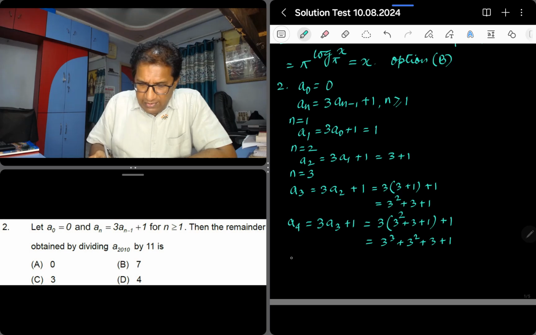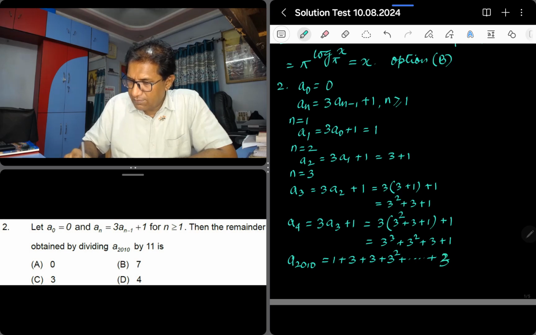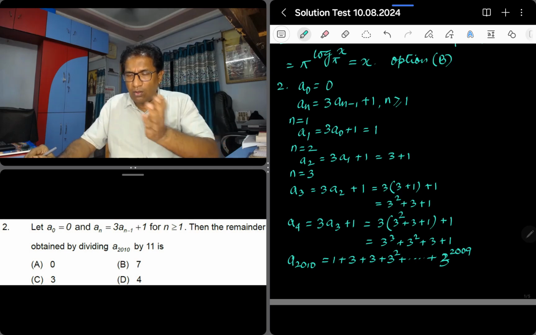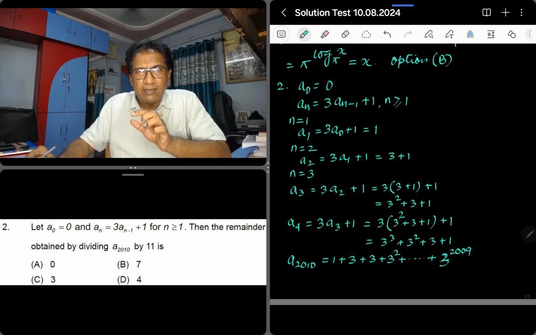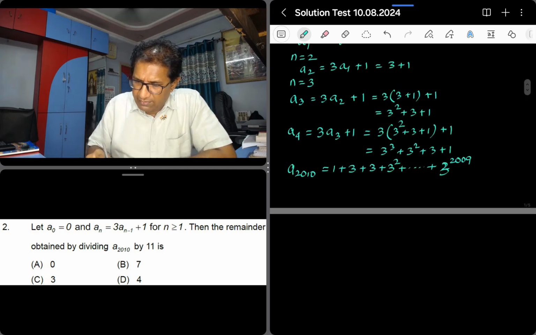So obviously, if it is A2010, if we move on doing this, we are going to have something like this. Isn't it so? It is always 1 less than the number given in the suffix. Now it's a GP.